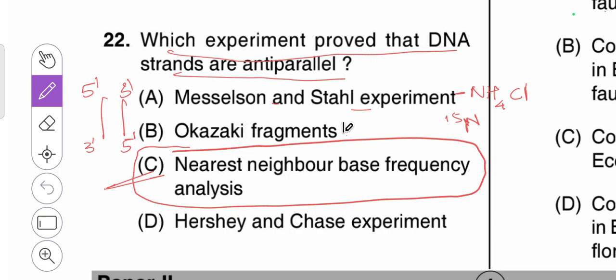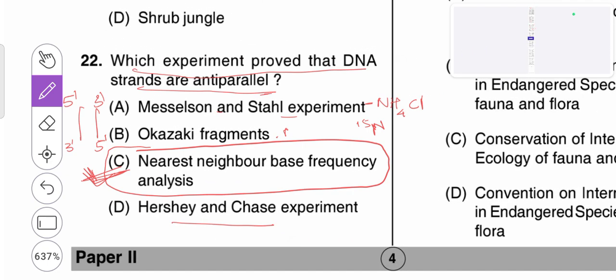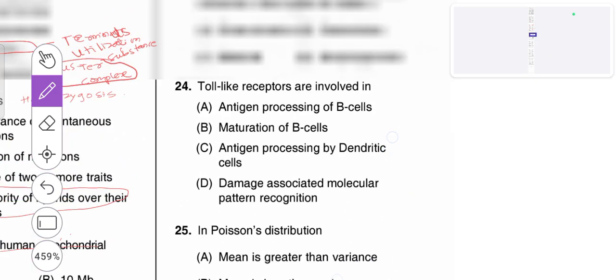Then Okazaki fragments are on the discontinuous strand of a replication fork, which is different. Then the Hershey and Chase experiment came to the conclusion that DNA is the genetic material. But here they are asking regarding anti-parallelity, so it is shown by the nearest neighbor base frequency analysis experiment. So 22, C is the right answer.